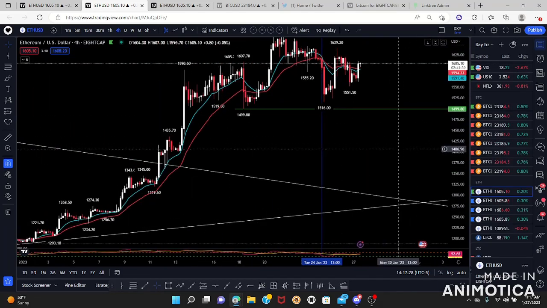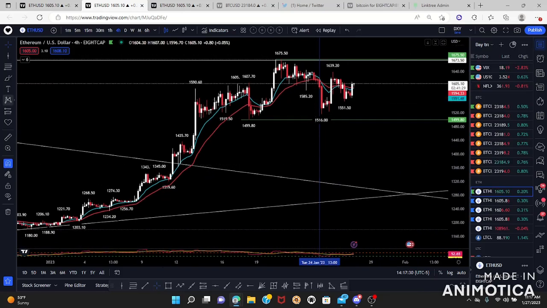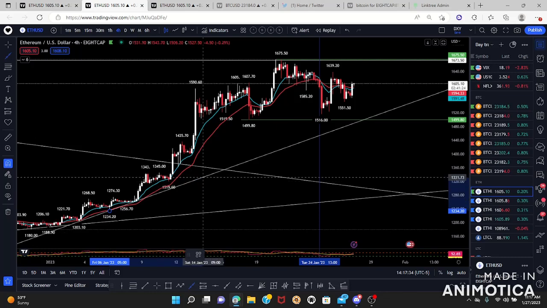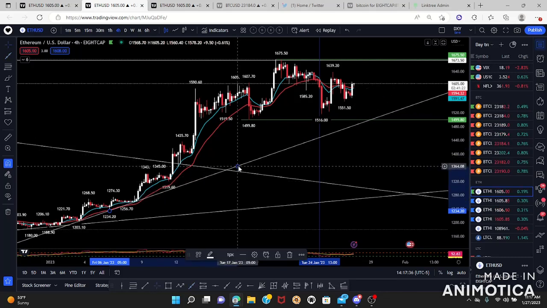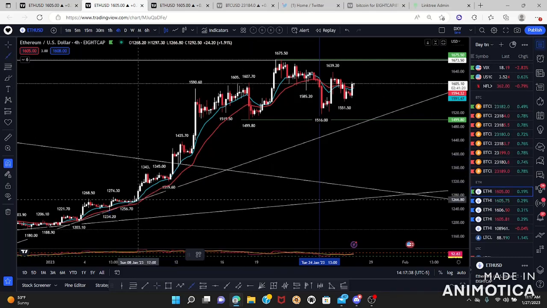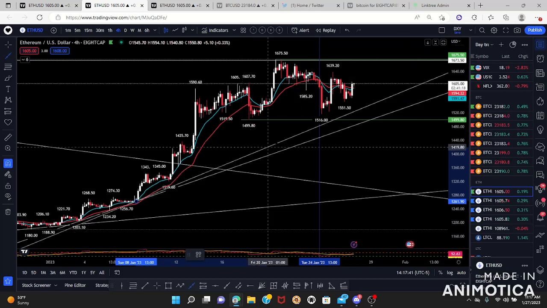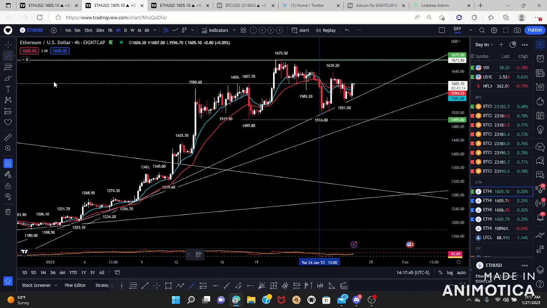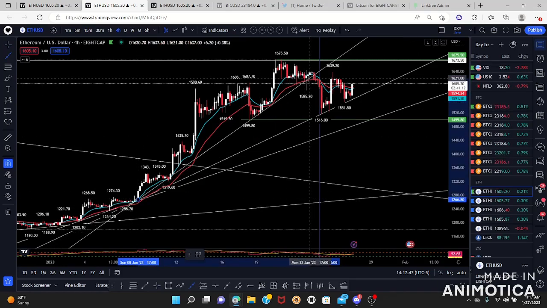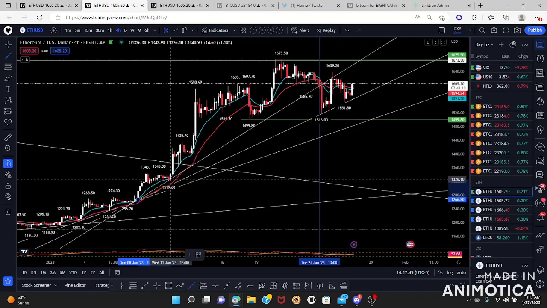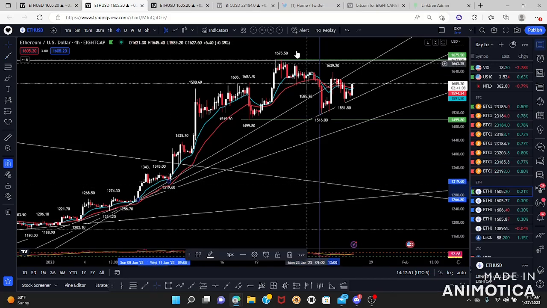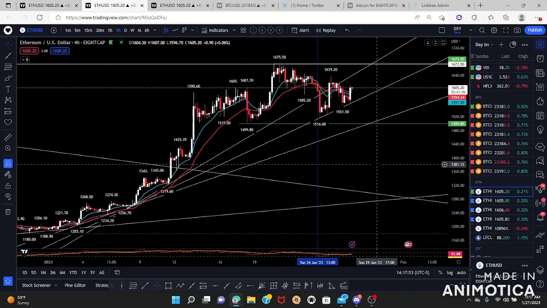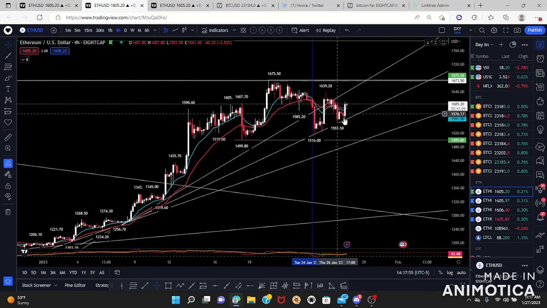So for me to take a short, I need a 4-hour major trend line to break. Let's create that 4-hour trend line here. I mean, a 2-point touch will be sufficient. I guess we could use this. See how it's hard to take a short just in regards to one 4-hour trend line breaking, because you could have multiple.